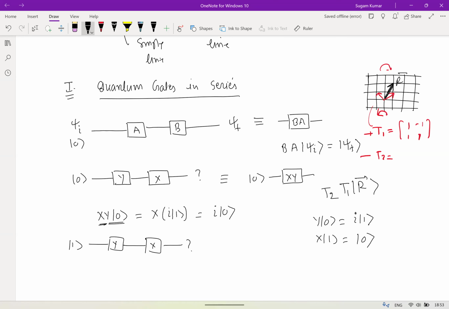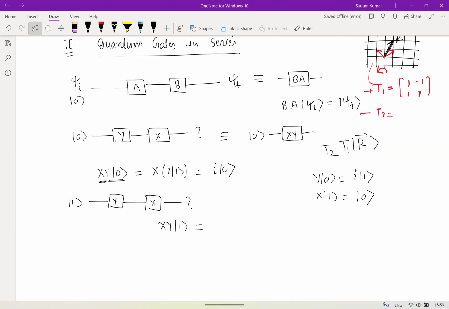Can somebody tell me what the final answer is? Minus iota 0? When y operates on the 1, it becomes minus iota 0, correct? And when x operates on the 0, it is going to make 1. So minus iota 1.